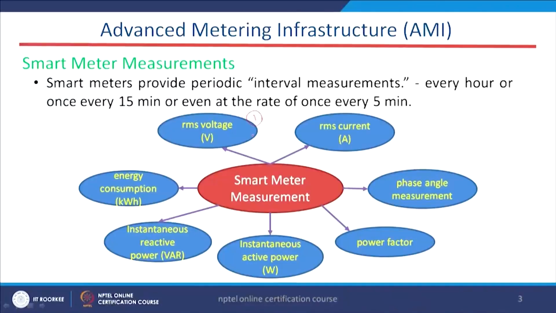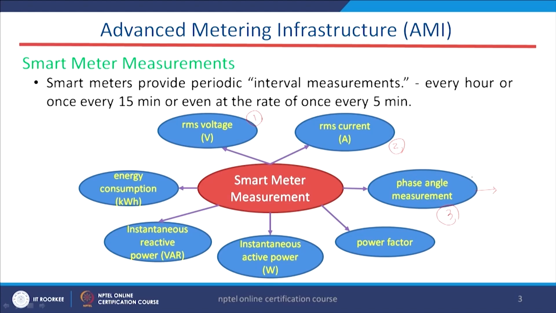Now, next we will talk about what measurements we basically obtain from the smart meter. The first one is the RMS voltage, the second one is RMS current, and the third one is phase angle measurement. This phase angle is the angle between the voltage and the current of the particular customer network where the loads are connected.